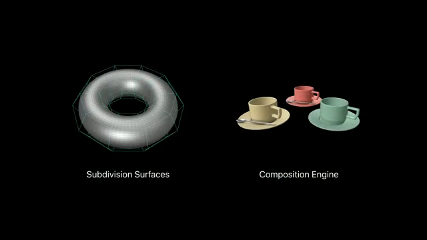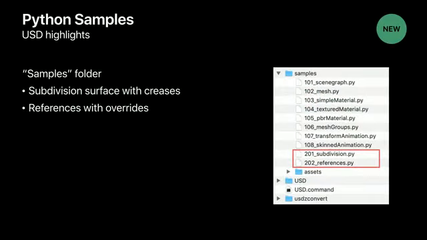So this was a quick sneak peek on all the new artist workflows that USD can enable. We have also included 2 more examples of these more advanced USD features in the samples folder: subdivision surfaces with creases and references with overrides.